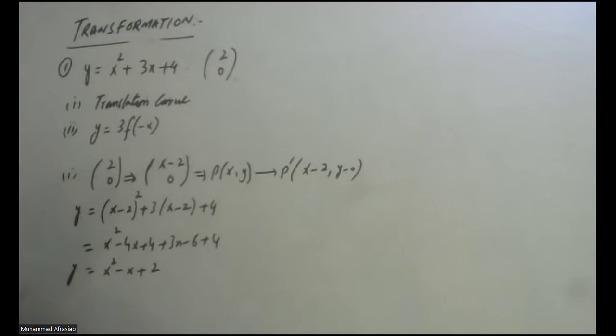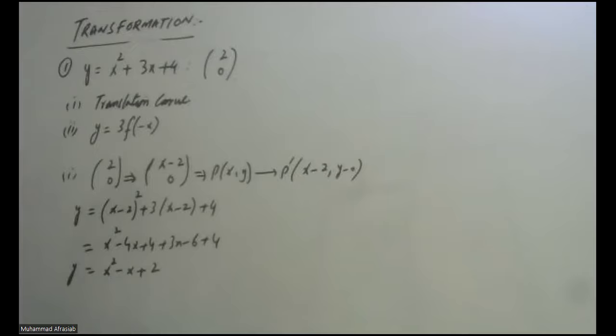So this is the new equation of that curve with respect to the matrix (2, 0). This we are going to find out in the first part of that question.